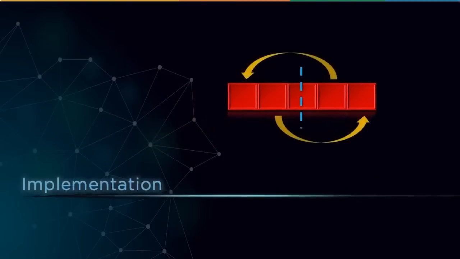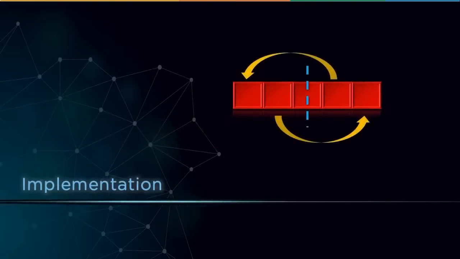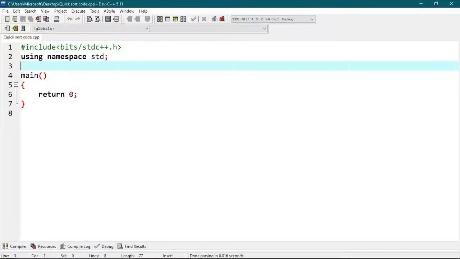We have now introduced quicksort and its algorithm. Now let's implement this algorithm in the code editor. We will start by creating a function swap.